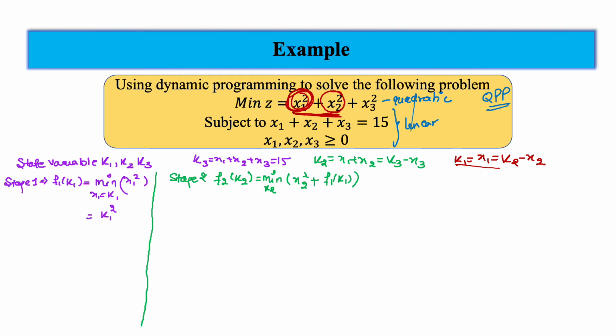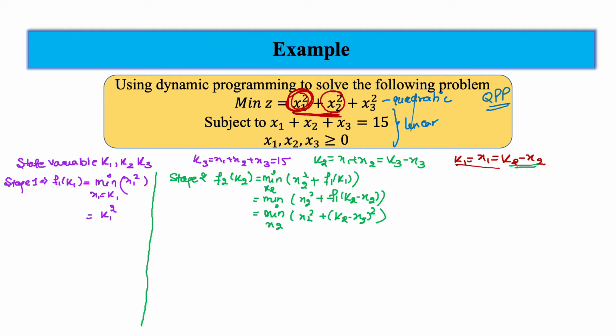Now since we know k1 is equals to k2 minus x2, we will put it here. We have f1 k2 minus x2. So it is minimization over x2 of x2 square plus, what is the f1 function? It is square of k1. So we have replaced k1 with k2 minus x2, and we have to minimize this function.